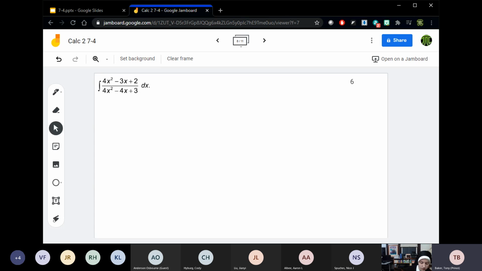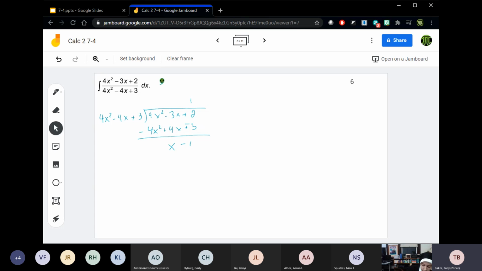This one, they're exactly the same. I still have to do long division. So let's do my long division first. Obviously it's only going in once. I change my signs. So I'm left with x minus 1.